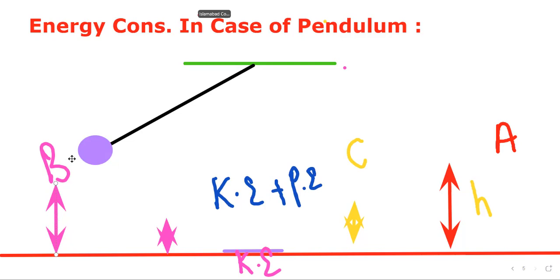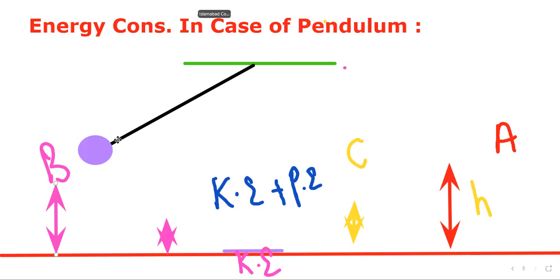So when we were at point A, the pendulum had only potential energy. Similarly, at point B, when the pendulum takes a pause for an interval, its speed and velocity would become 0, its kinetic energy would also be 0.